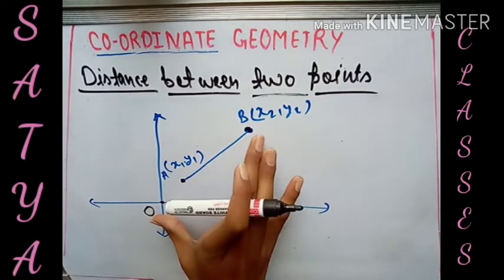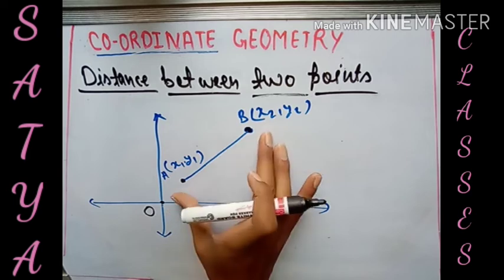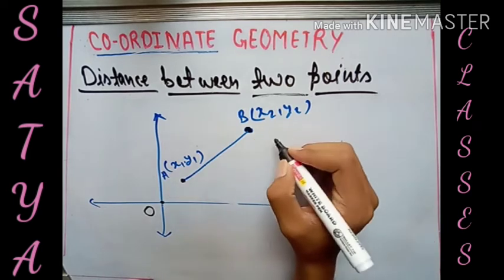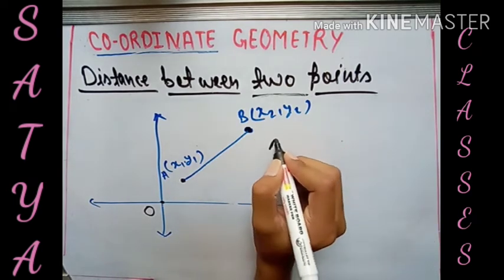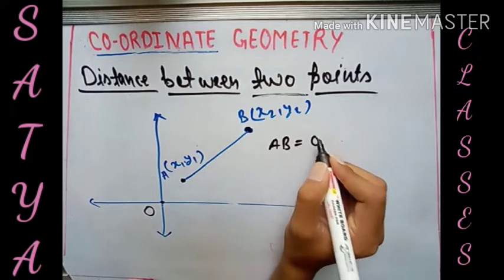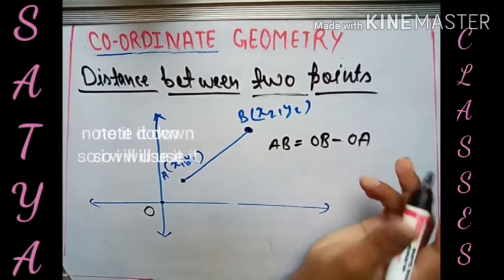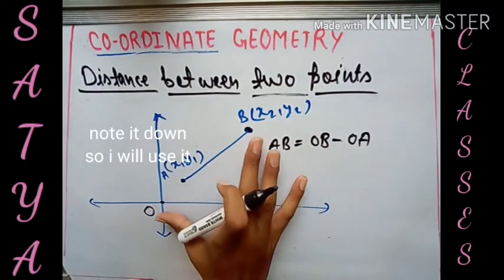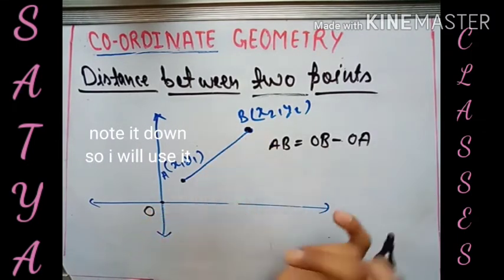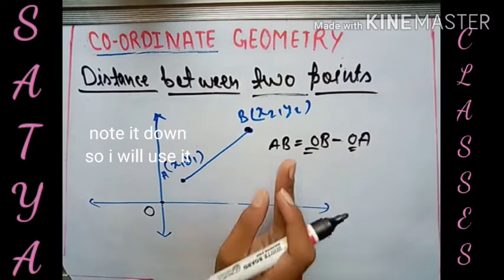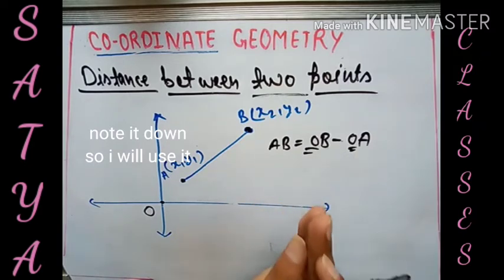Then OB minus OA becomes AB. What I'm saying is, AB is equal to OB minus OA. By this method you can do it, but you have to apply the same formula 2 times. Understand?